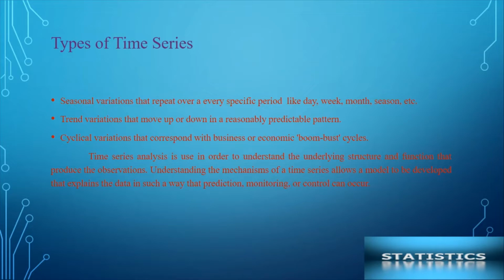Also, we can see temperature in May or June. Another example is that gold has its maximum sale in Deepavali. This is just an example of seasonal variation. Similarly, there is trend variation that moves up or down, and cyclic variation. These are the three types of variation you can observe in time series data sets, or the pattern of the data.